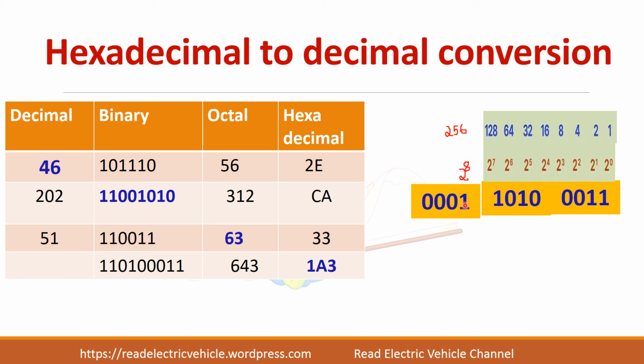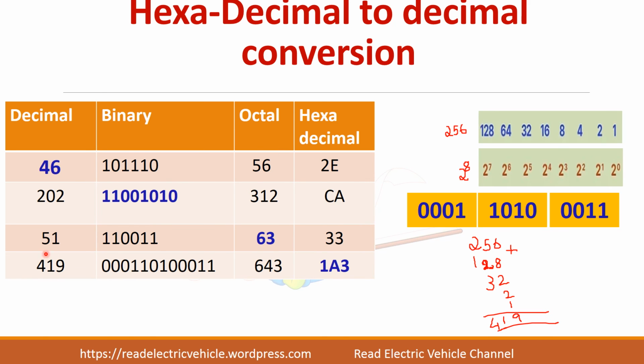So 2 power 7 ends here, so this bit is 2 power 8. 2 power 8 is equal to 256. So let us multiply all these things. 1 into 256 plus 1 into 128 plus 1 into 32. Then again you have 2 and 1. So if you add it, you are getting 419. So the equivalent decimal value is 419.